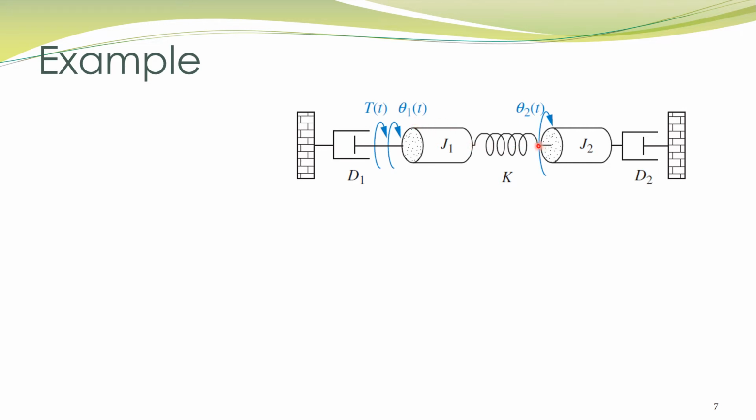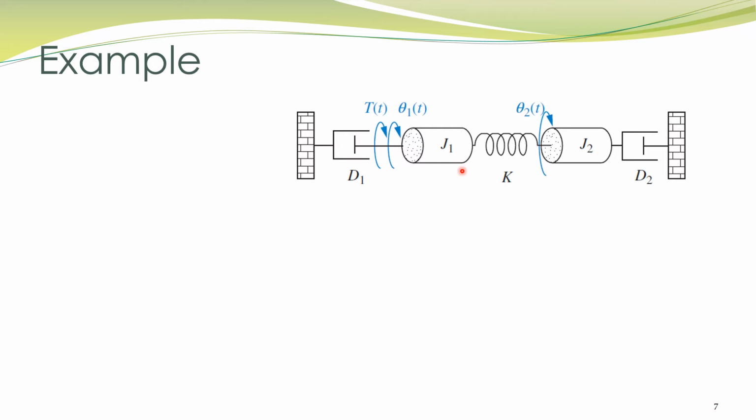This end can have a different angular displacement, and let's name it theta 2 of t. Again, there is an inertial element, and this end of this element and this end both have the same displacement theta 2 of t. This end of the damper is fixed. So there are two independent angular displacements in this diagram.